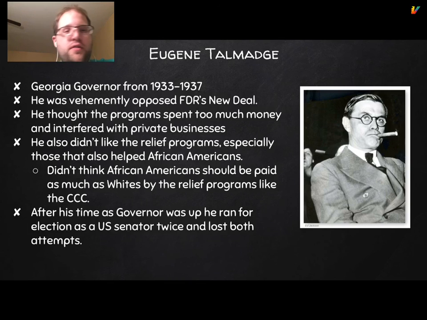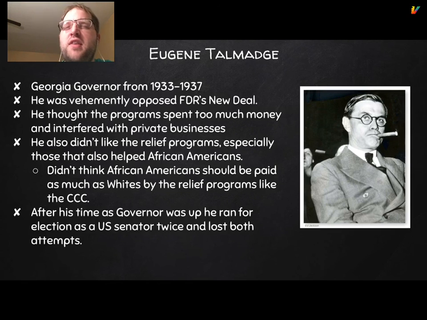So if FDR is having people building roads or building schools or whatever, then it's going to hurt the businesses that used to do those things. And FDR had way more types of careers than just that. He had been hiring artists to go out and paint murals on buildings, just so that they would have a job, right? But we're also accomplishing something. So Eugene Talmadge felt like the government was interfering too much in the economy and seizing too much power for itself.